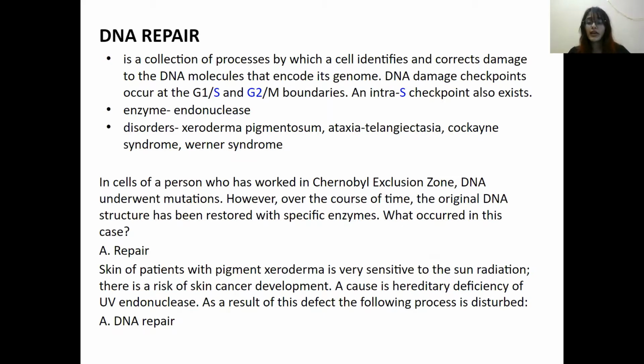Also an intra-S checkpoint, that is the phase in which the DNA doubles, and during the replication the cell wants to check that it hasn't made any mistakes, so there are various checkpoints. For Krok purposes you should just know the name of this enzyme, that is endonuclease. Endonuclease is responsible for DNA repair.